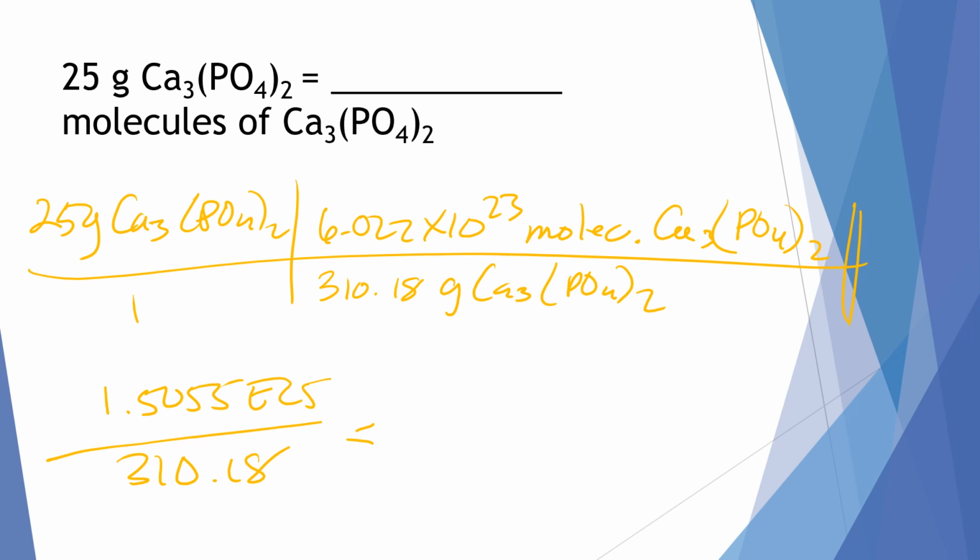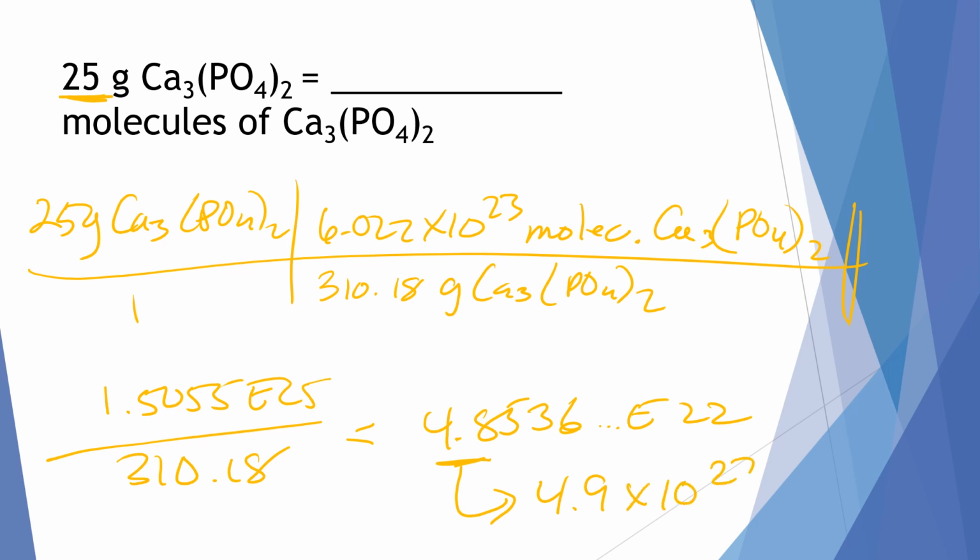So this is going to be 4.8536 something E22. 2 sig figs. 4.9, do not forget your exponent, times 10 to the 22 molecules of calcium phosphate. Do not put MOL, because that's not the correct abbreviation for molecule.